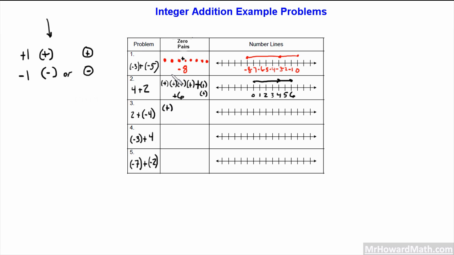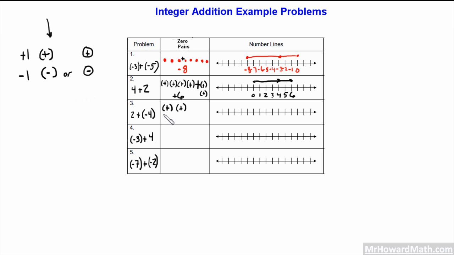So far we've had no zero pairs to cancel out, right? No opposite zero pairs to get rid of. But in this case we will, because we have a positive and we have a negative. So here we go. Positive 1, 2. And that is combined with a negative 4.